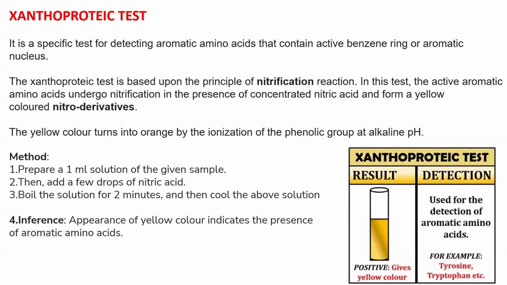This test is specific for detecting aromatic amino acids. We have three major aromatic amino acids: phenylalanine, tyrosine, and tryptophan.